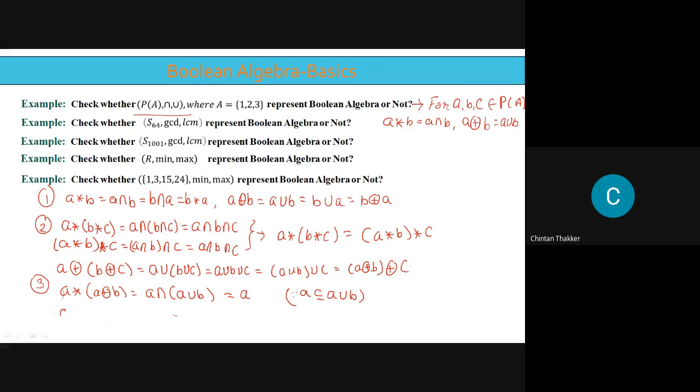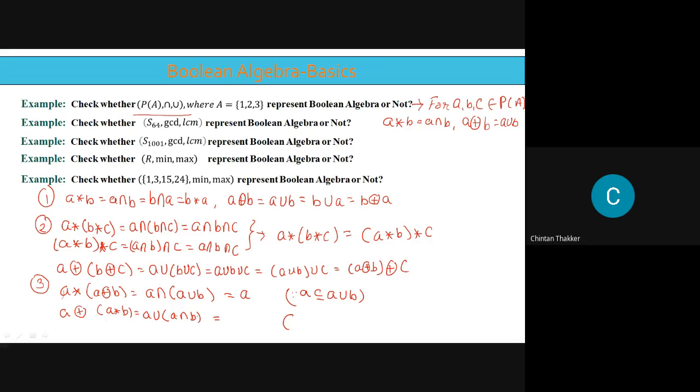And A ring sum (A star B) is A union (A intersection B). Now again we have here intersection and here union.